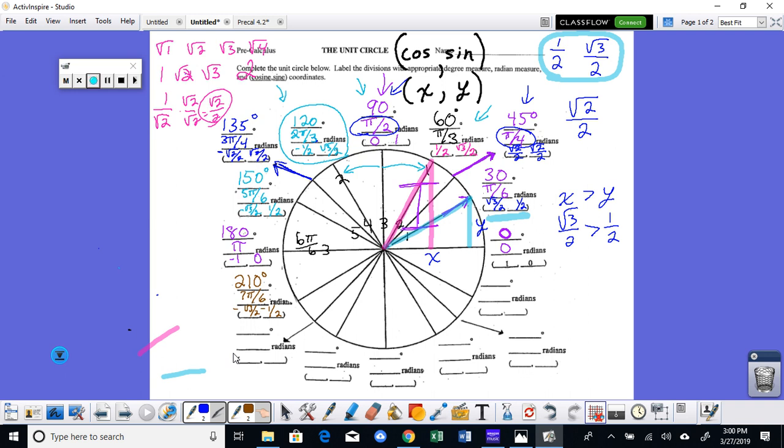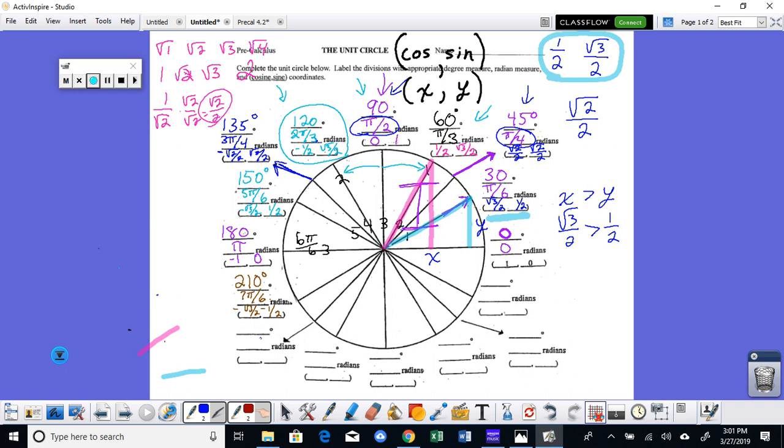Okay, we did our over 3. We did our over 6. The next one's over 4. It's the one in the middle. So we'll put this one over 4 radians.